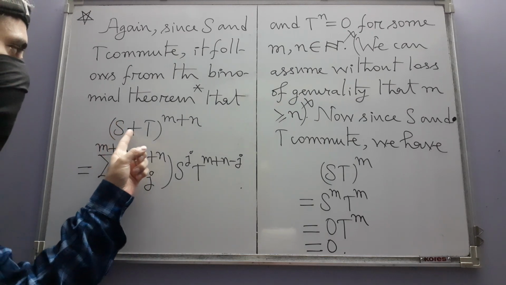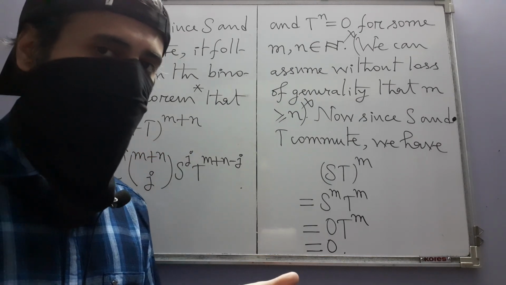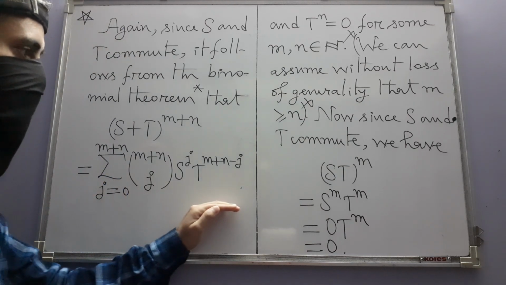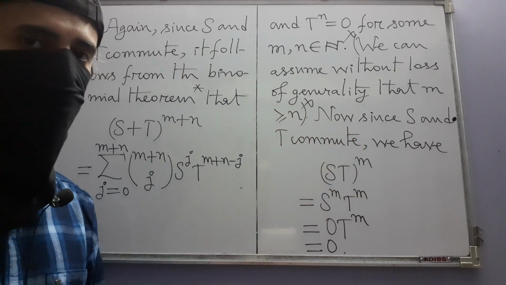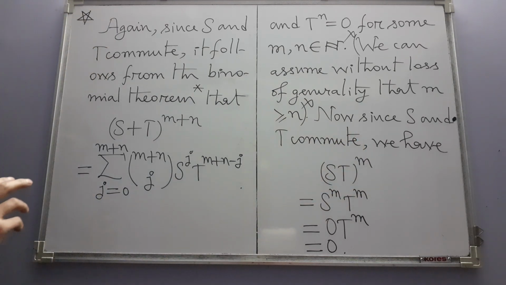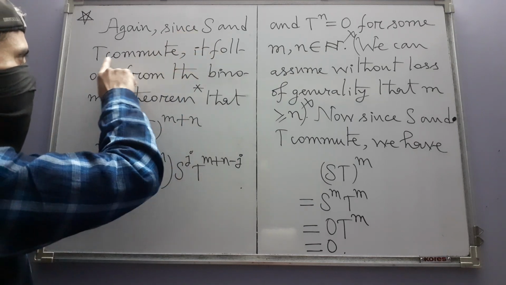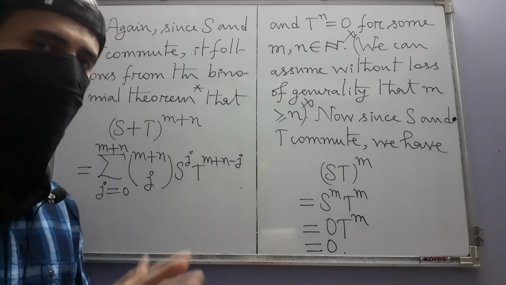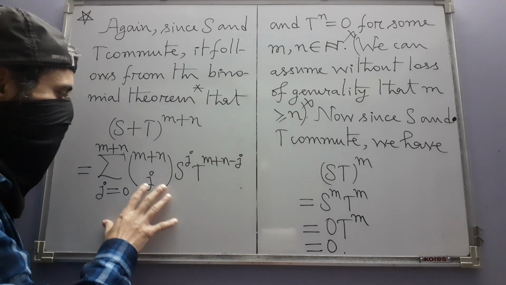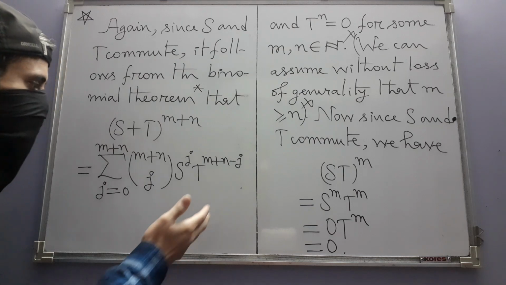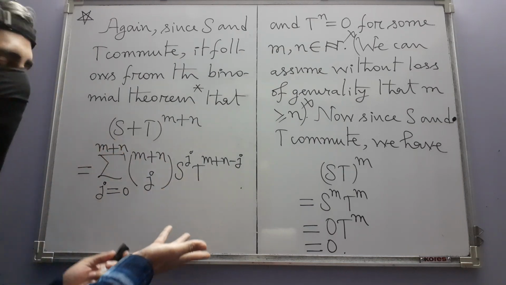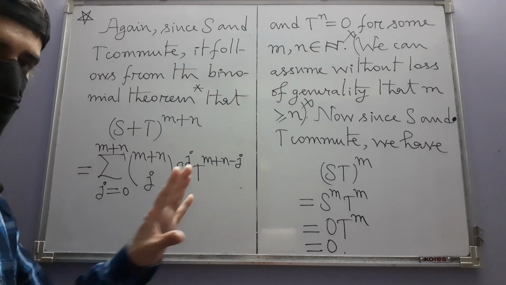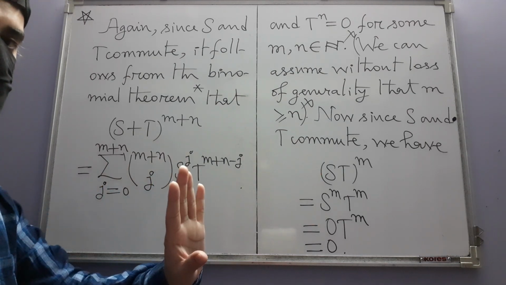However, if the ring elements commute, then you have the binomial theorem, and the form of the theorem is exactly like the standard one. That is why here also we need S and T to commute. Otherwise, there is also a general form of the binomial theorem in any ring, but because S and T are commuting, ultimately the form comes down to this familiar form, and the binomial coefficients appear as they appear in the standard binomial theorem.